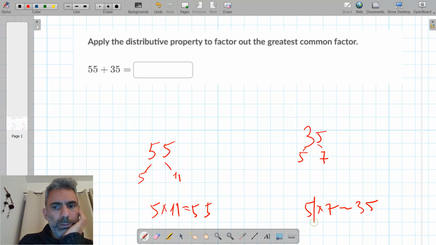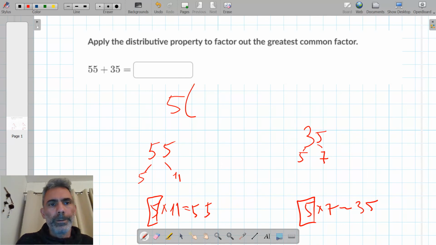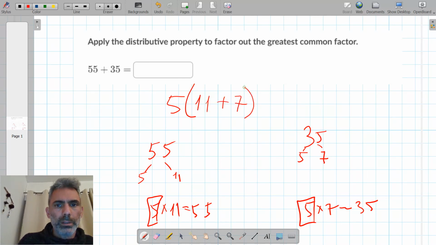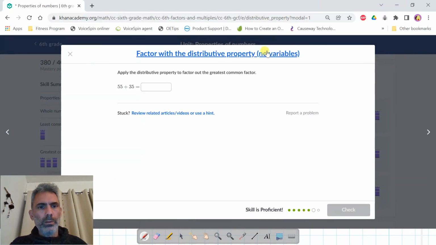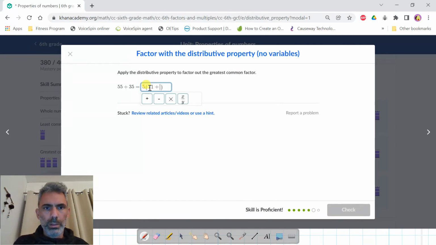So 5 is the greatest common factor. 5 times (11 plus 7). 5 times 11 is 55, and 5 times 7 is 35. So this is 5 times (11 plus 7).